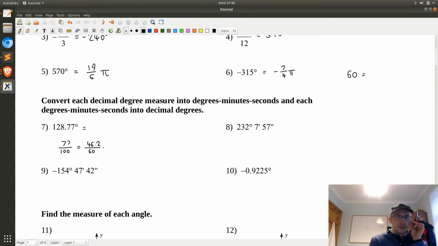Now, we can say, for example, that this is 128 degrees, 46 minutes, with a little prime mark, single quotation mark, just like that. And now we need to figure out how many seconds. 0.2 is the remaining bit here.